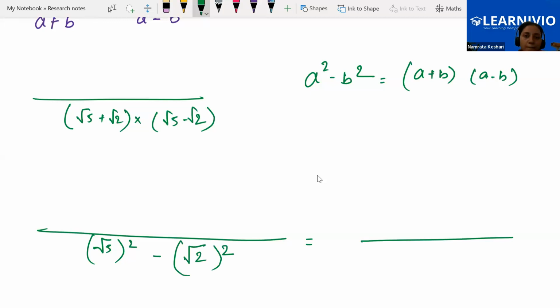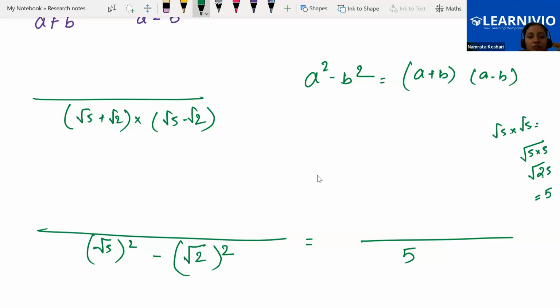Ayan, Farhan and Sarah, root 5 square is what? 5. Just 5, no? Root 5 into root 5 is what? Both will come together and sit inside one root sign. If you are saying that it will be 25, yes, it will be 25.